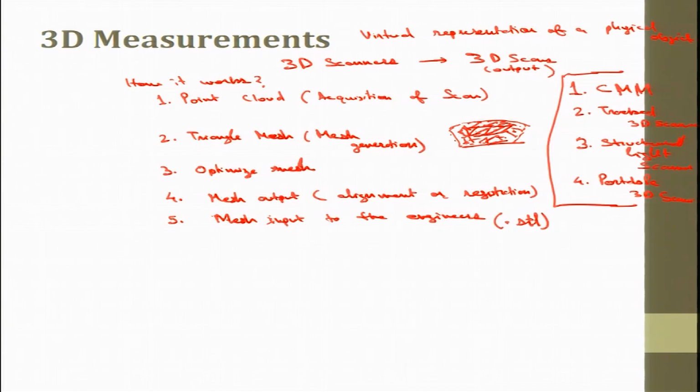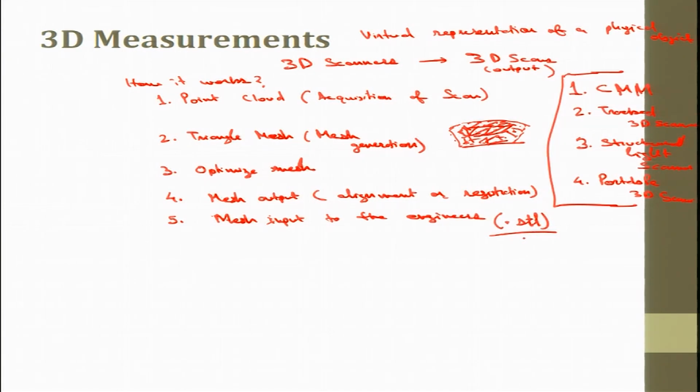Computer software can be used to clean up the scan data, fill holes, correct errors, and improve data quality. The resulting triangle mesh is typically exported in STL format, and we can convert it into known forms, like B-spline or Bezier curves if possible.